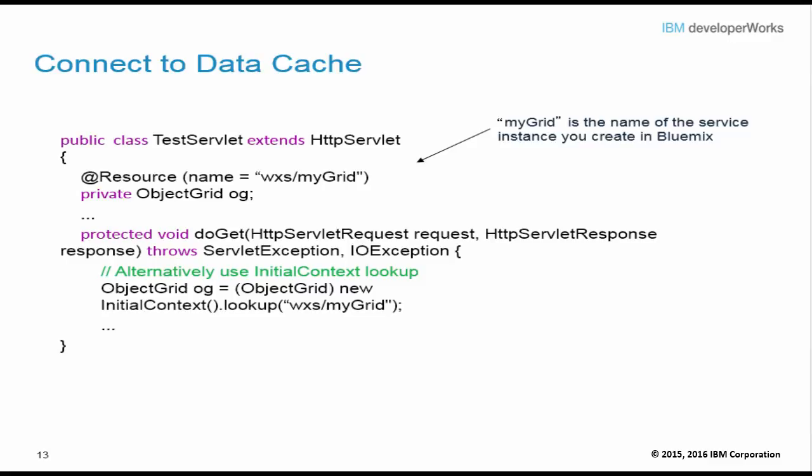You can connect your application to Data Cache by specifying the Data Cache name, for example, mygrid, in the resource dependency injection or initial context lookup of JNDI name of the Data Cache service. Also specify mygrid as a service bound to the application in manifest.yml file.